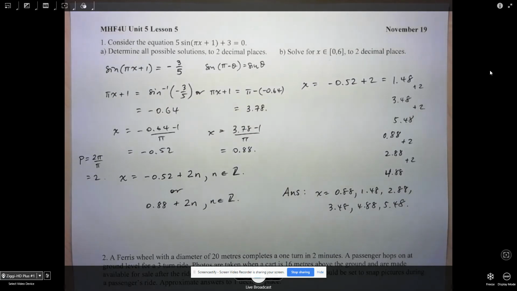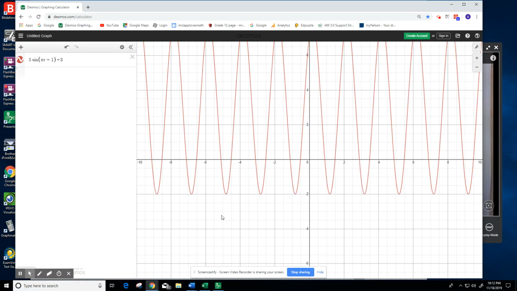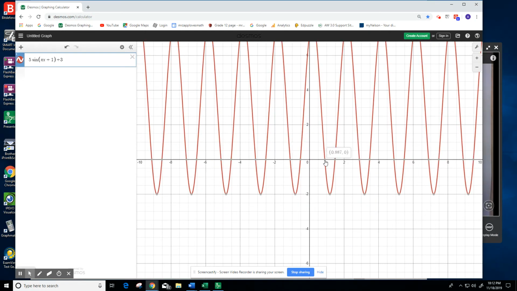Keep an eye on these numbers here, and let's check our answers. We already saw the 0.88, and there's the 1.48, the 2.88, the 3.48, the 4.88, the 5.48, and of course these other answers here fall beyond the range.